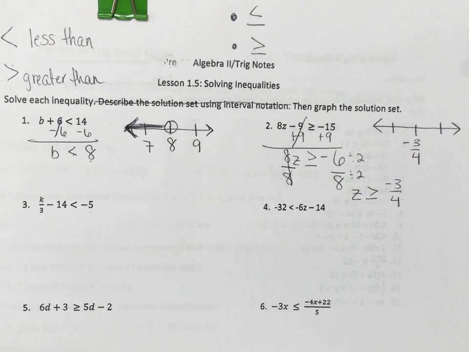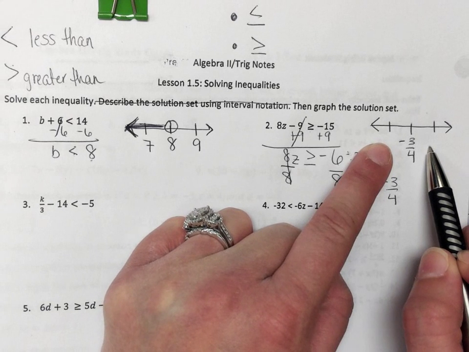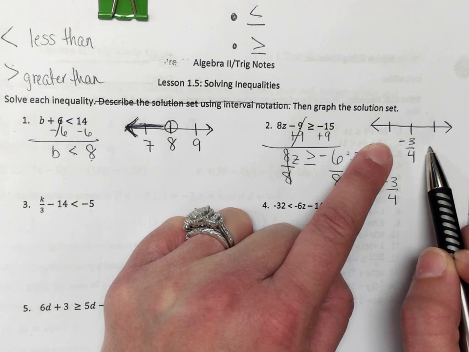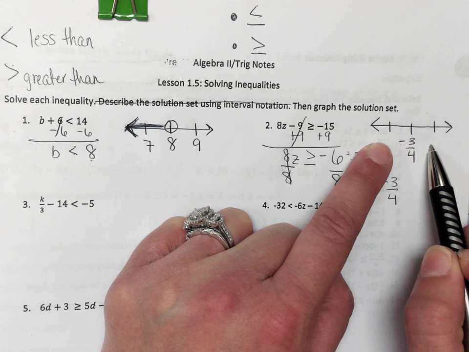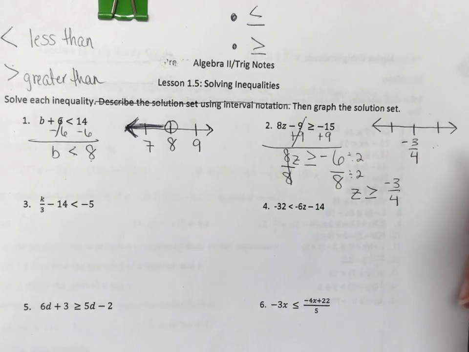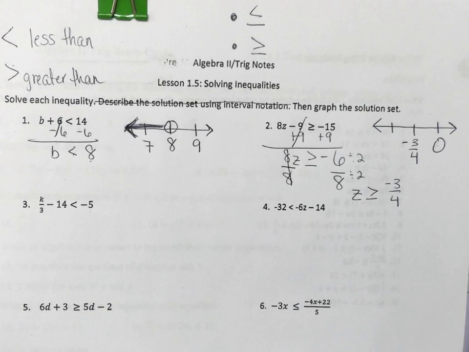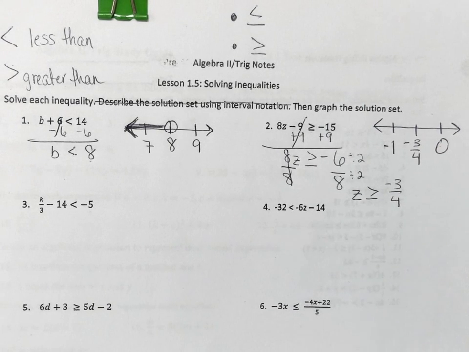What are the whole numbers on either side of negative 3/4? 0 is one of them, right? It's a fraction. Where should the 0 go? Now be careful, it's negative. So where should the 0 go? On the left or on the right? On the right, because it's backwards. When you have negatives, they're backwards, right? And then you said -1? Very good.